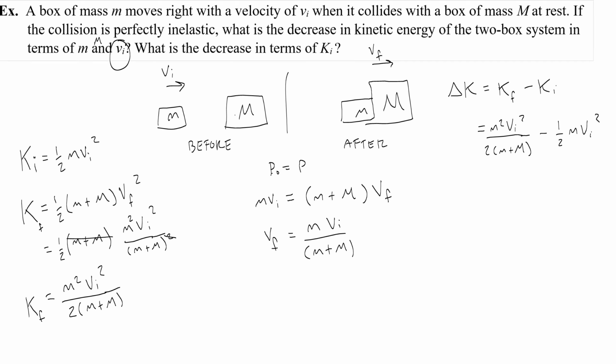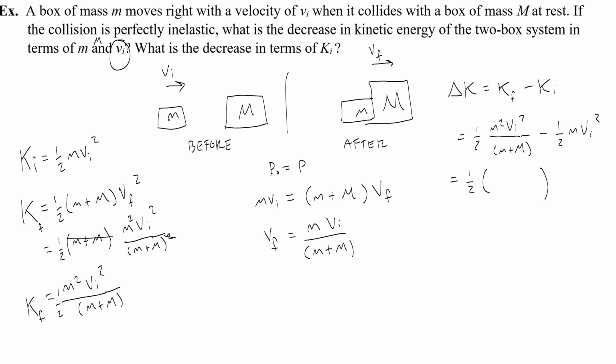Now, maybe it's not such a great idea to put the 2 on the bottom for this, because we're going to end up pretty much pulling it outside anyways, so that it's easier for me to see what happens. Pull the 1/2 out.